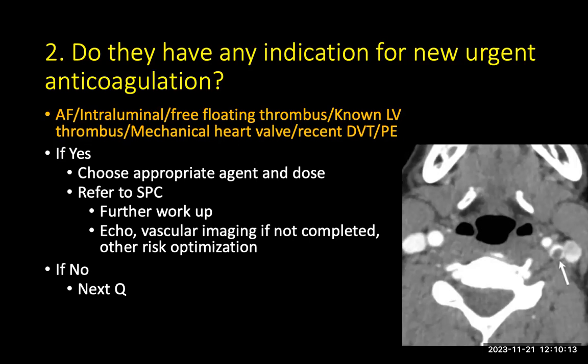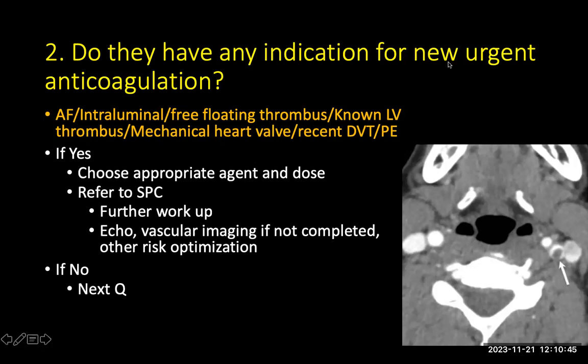Or he has a known left ventricular thrombus but is not on any anticoagulation, or he has a mechanical heart valve but has left his anticoagulation for some reason. Or he's a known DVT or pulmonary embolism and for some reason is not on medication, or is non-compliant, or has not yet been started. If you have any of those scenarios, you choose an appropriate agent, and towards the end we'll see what the appropriate agent for all of these indications will be.